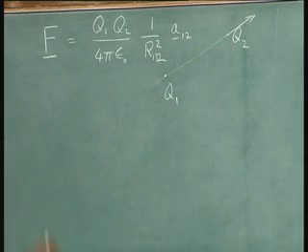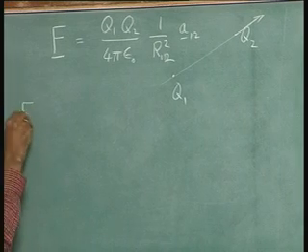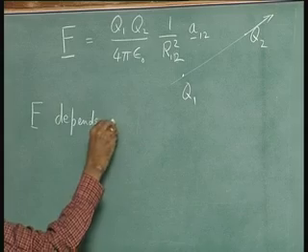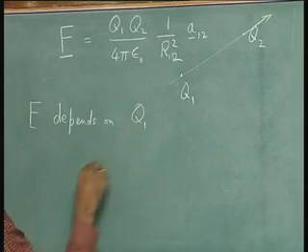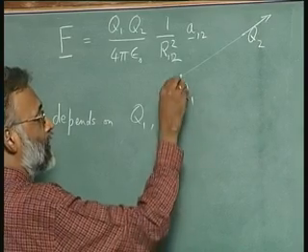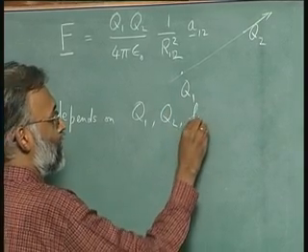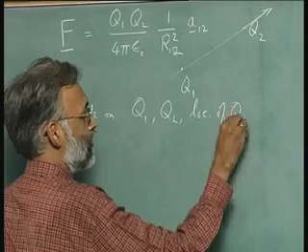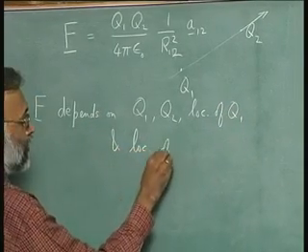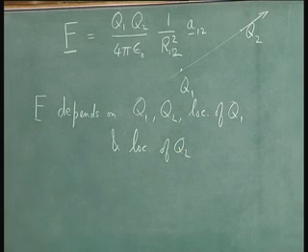If you ask what this force depends on, force depends on Q1, depends on Q2, it depends on the location of Q1, and it depends on location of Q2. Given these quantities, you get a number, you get a vector.